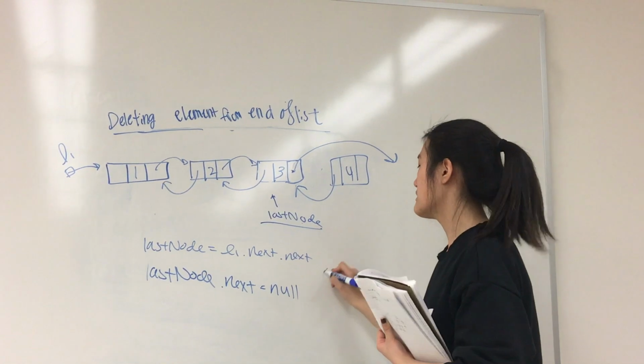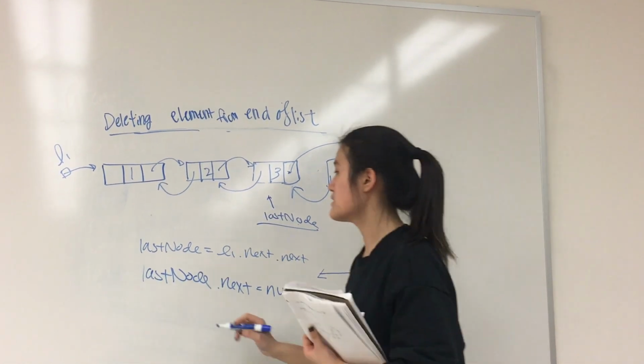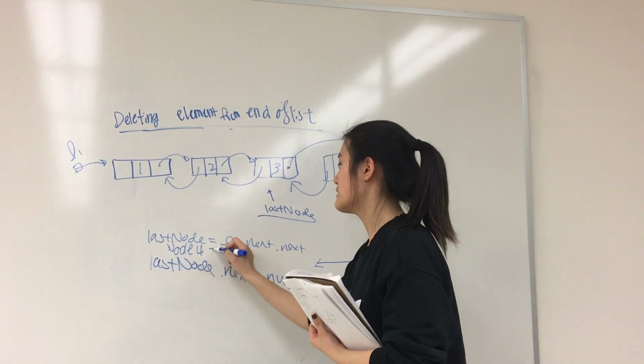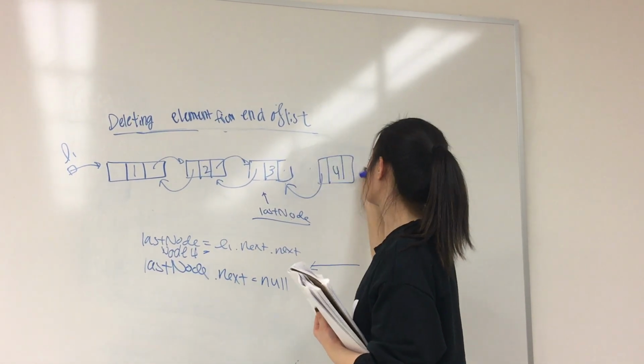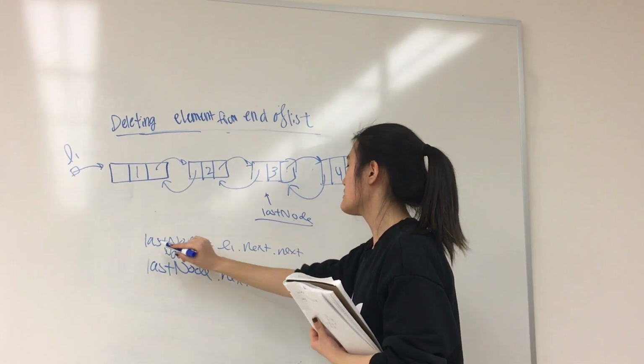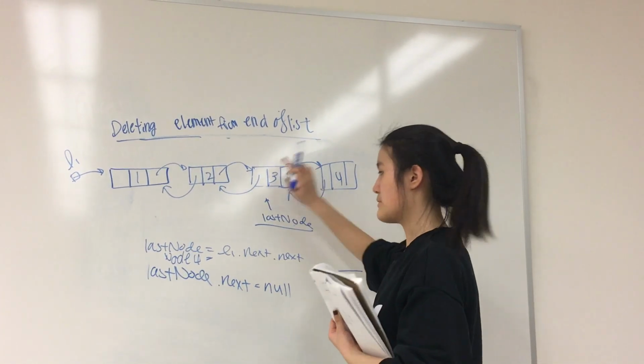So to be even more fancy, what we could have done before we made this change is we could have said node 4. If we were to run this again line by line, last node is equal to this right now.